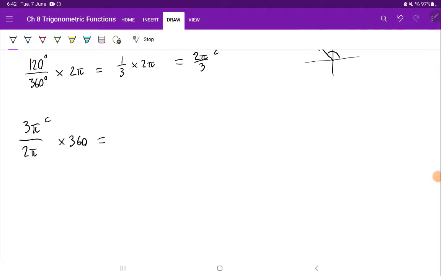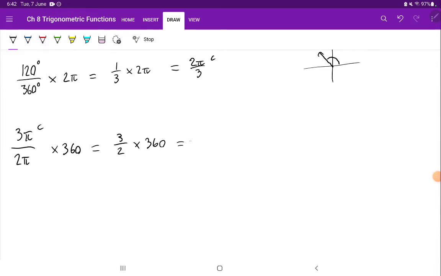The pi divided by pi is nothing, and then we get 3 over 2 times 360. Now, me personally, I don't want to multiply by 3. I don't want to do 3 times 360. I could do it. It's a bit more annoying. Instead, I'd rather divide 360 by 2. So I'm going to do the division first.